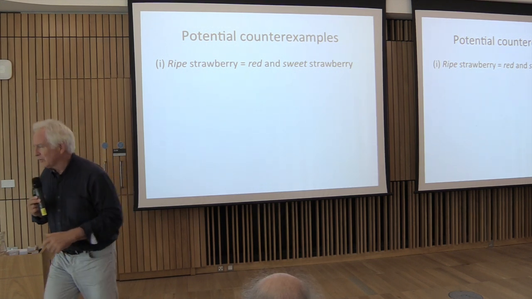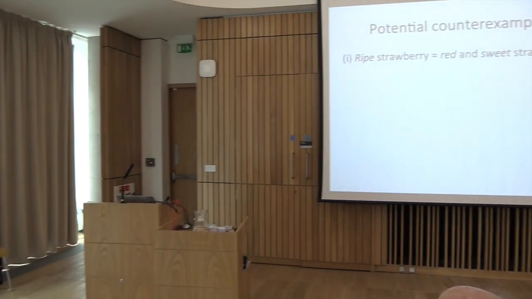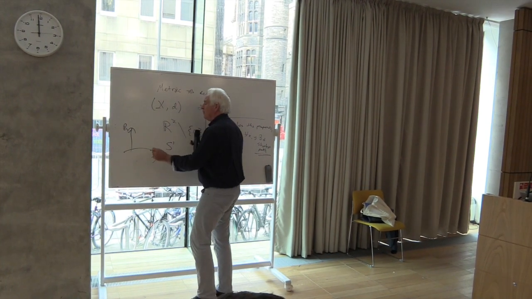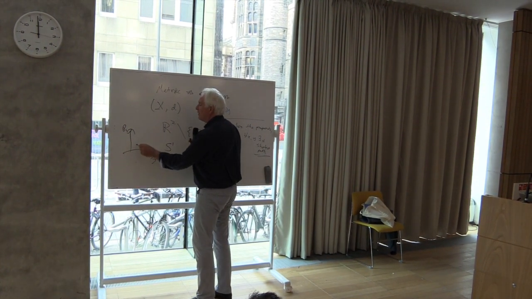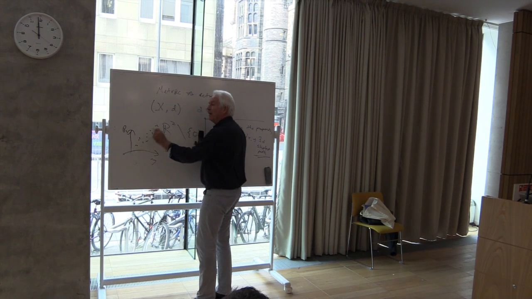And what happens here, I should maybe draw on the blackboard, is that you have a two-dimensional space, you have ripeness, and you have sweetness. The point is that ripeness and sweetness are correlated. So if you look at berries, you get some kind of correlation here.